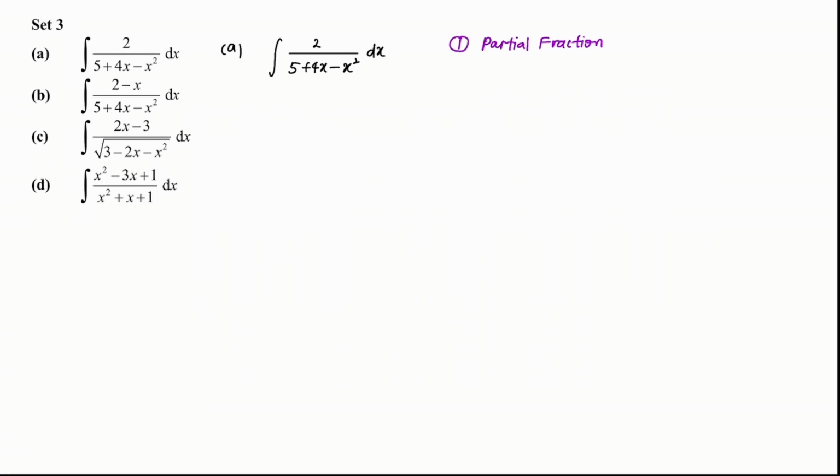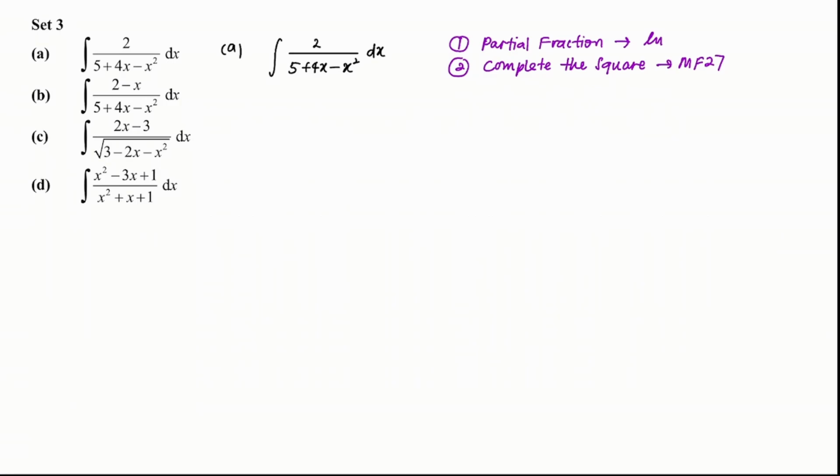The second method is to do completing the square. After completing the square, we make use of our MF27, and for partial fraction, most likely we'll use ln. In your lecture you should know that they're equivalent, so here I'll also show you the same thing very quickly.